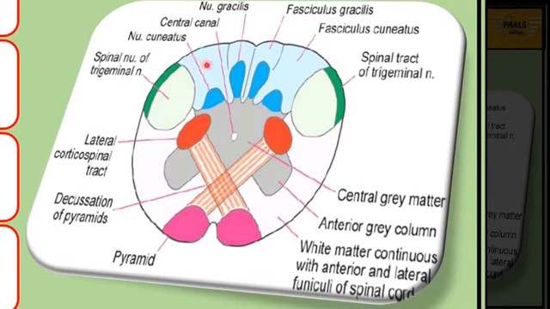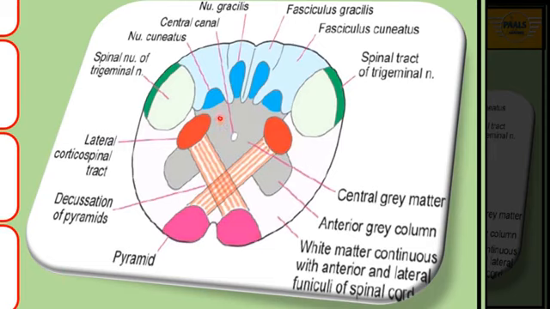Now, if we look at the gray matter again, we'll see the masses of gray matter that actually formed the swellings we saw when we looked at the external feature of the medulla in part 1 of this video.